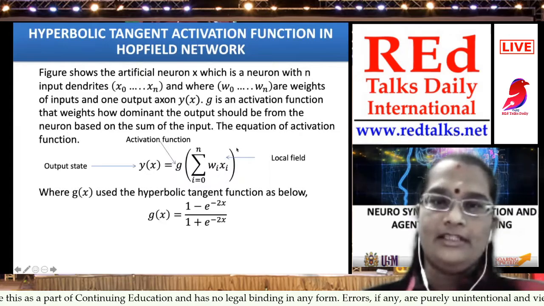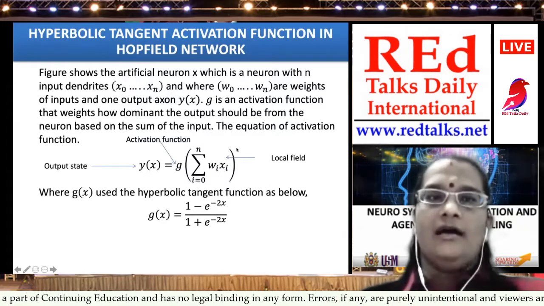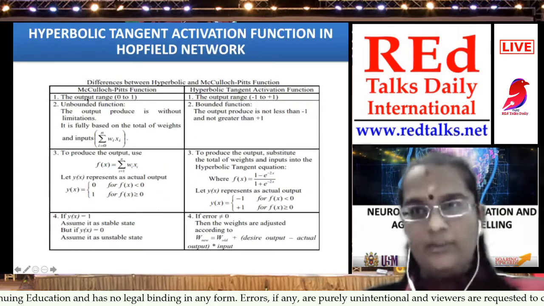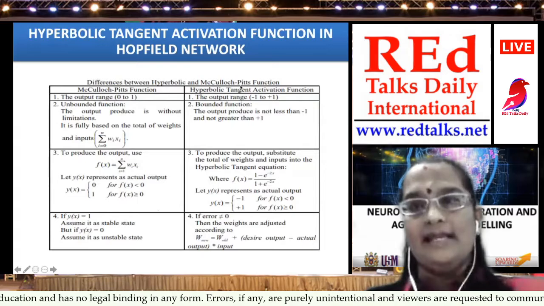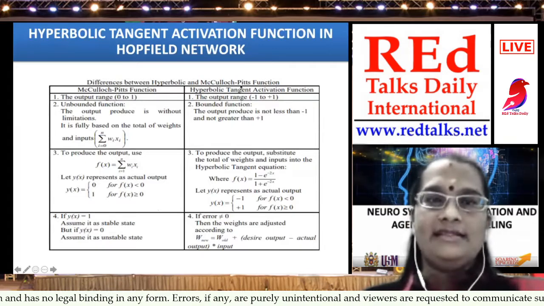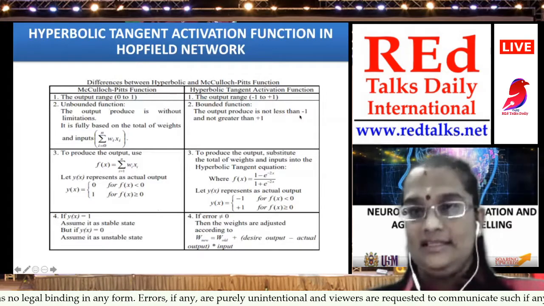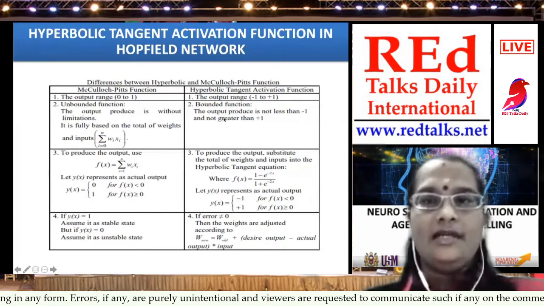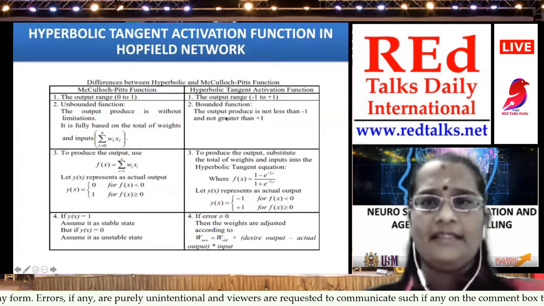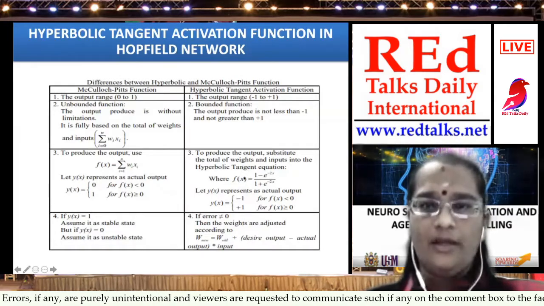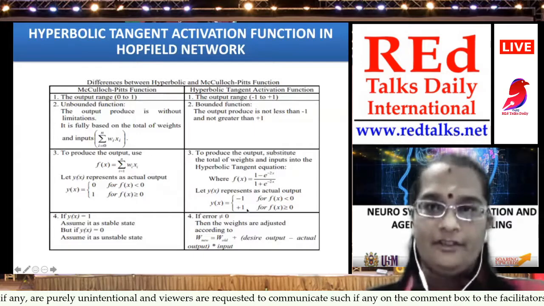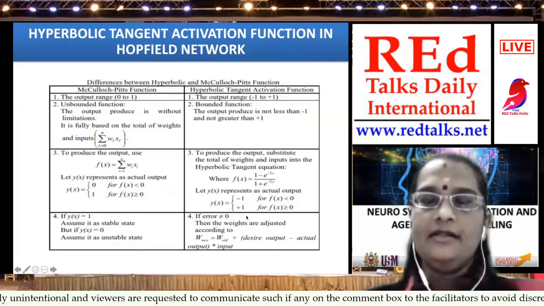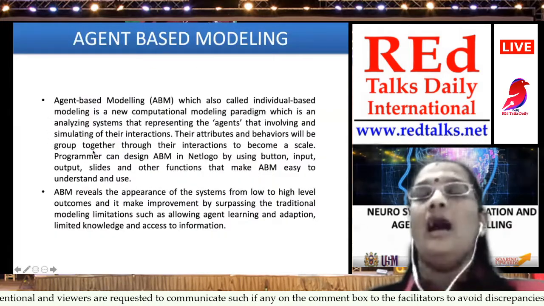You see, the hyperbolic tangent activation function uses the hyperbolic function and also the Boltzmann machine in order to find the next state of the neurons. So let us see the difference between the hyperbolic and the sigmoid, sometimes known as the McCulloch-Pitts updating function. Here the hyperbolic is from -1 to 1, and this one is 0 to 1, and this is for a bounded function. And here we can see that I can use differentiable equations to find my next output.